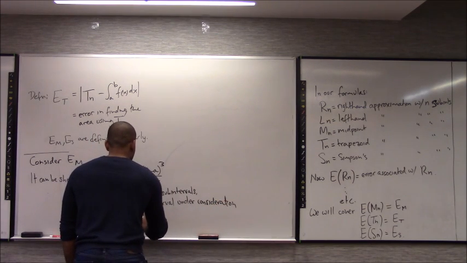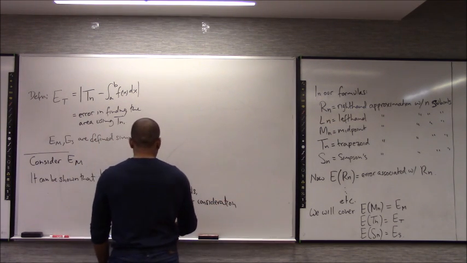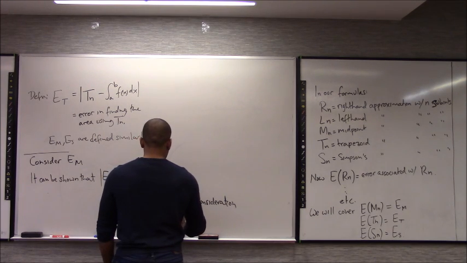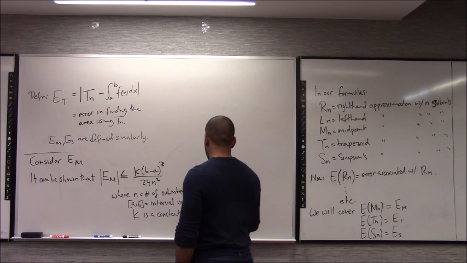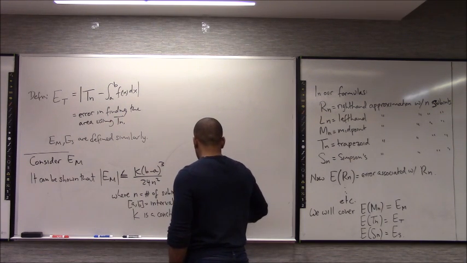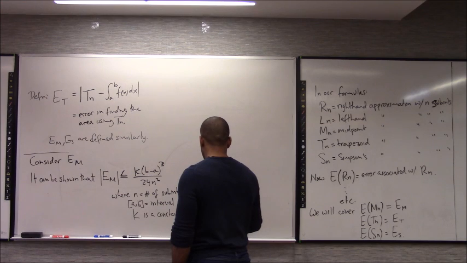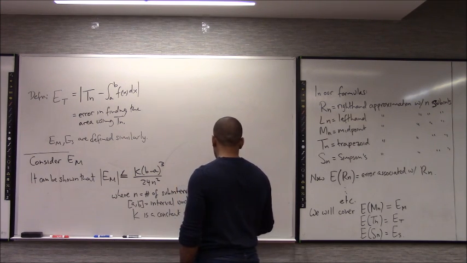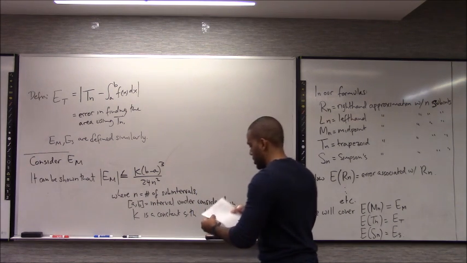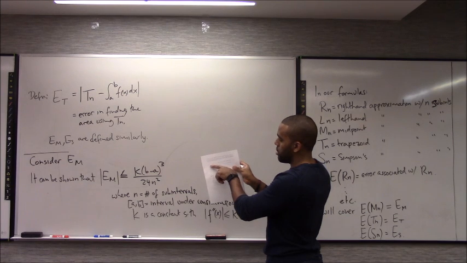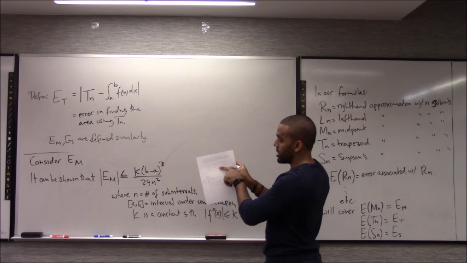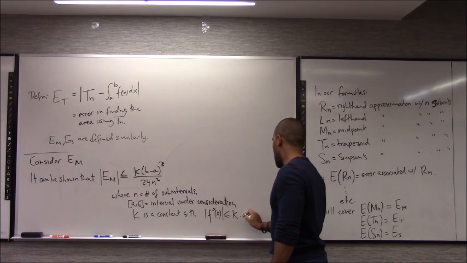And your k is a constant such that, in magnitude, your second derivative is going to be smaller than or equal to k. So that's what you'll notice for these two here. For the e sub m and the e sub t, k is just some number that's always larger than your second derivative on the interval AB.